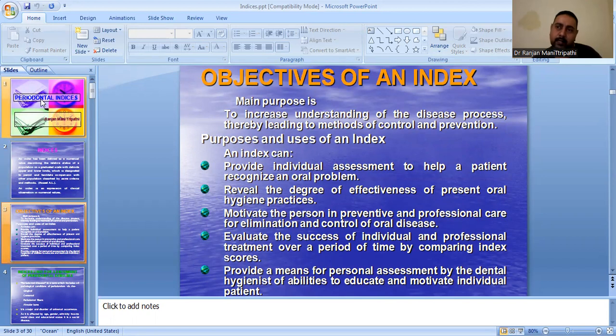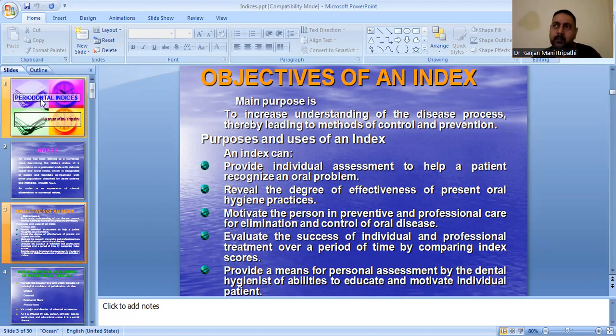So, objectives of an index. One of the most important objectives of an index is to increase your understanding of disease process, thereby leading to methods of control and prevention of disease.